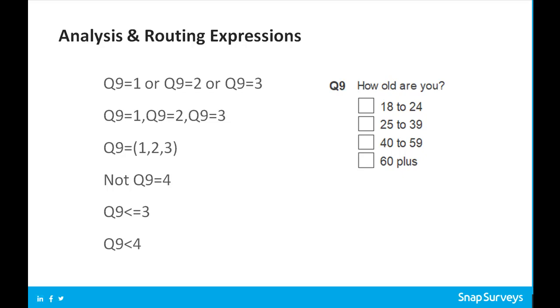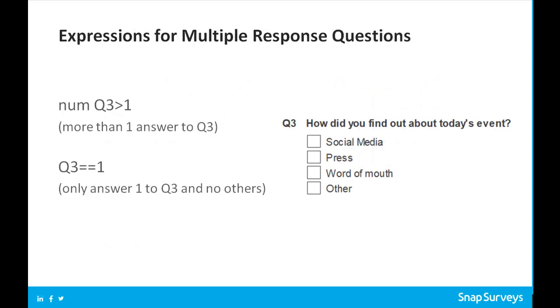Now, I just wanted to show you a couple of filters that are used specifically for multiple response questions. Using num, so N-U-M, as the operator word means that I can identify respondents who gave more than one response to question 3. So this would be expressed as num Q3 greater than 1.